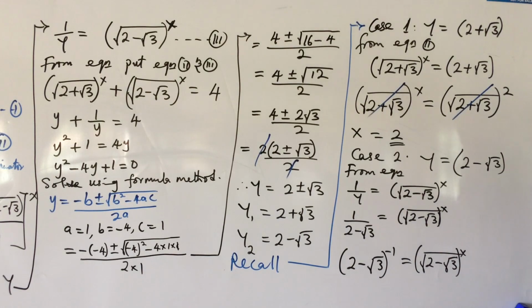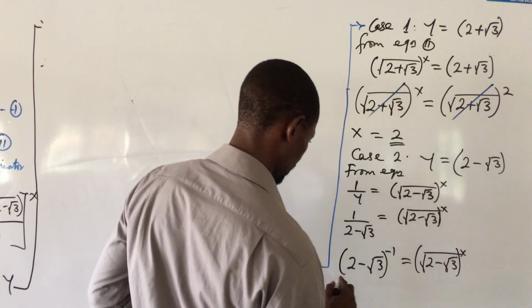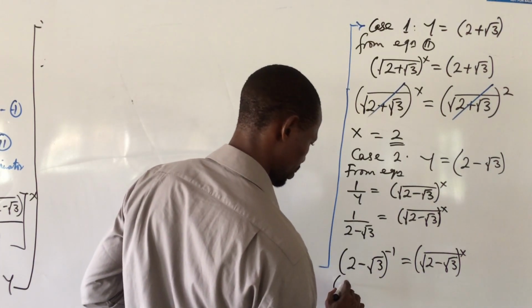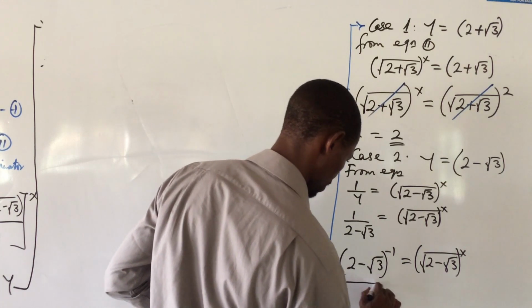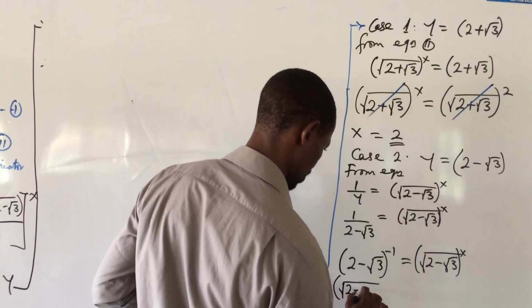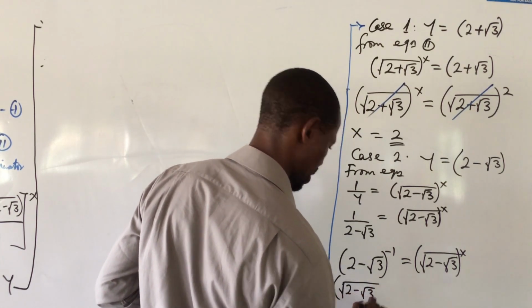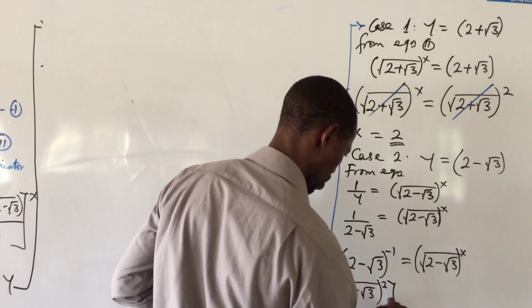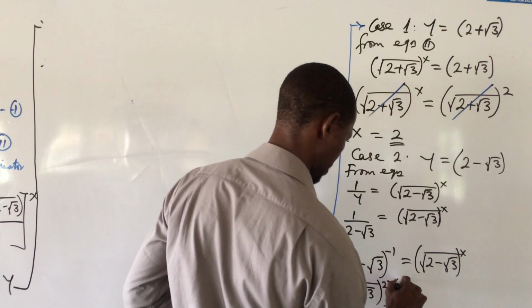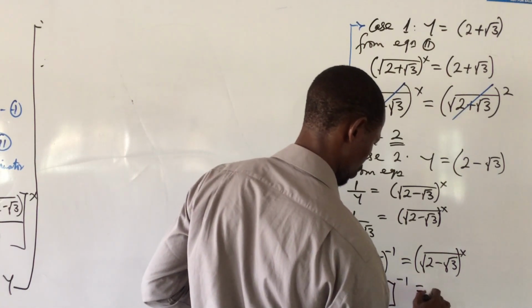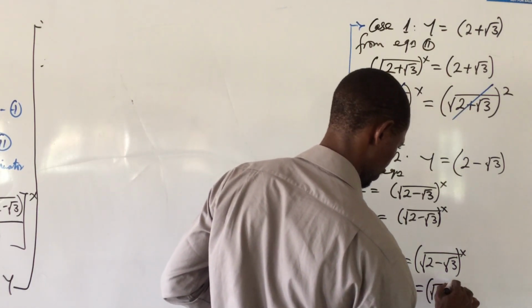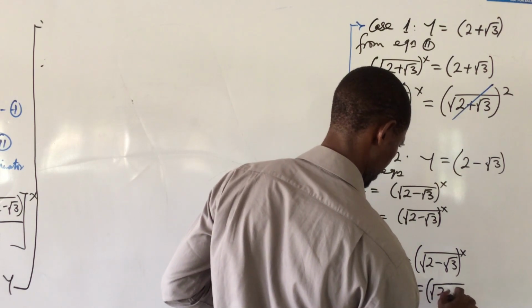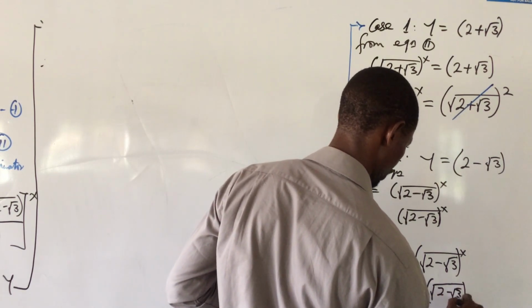What will become of this? This will now become bracket open, square root of 2 minus square root of 3, close bracket, to the power of 2 or to the power of minus 1, equal to bracket, square root of 2 minus square root of 3, close bracket.